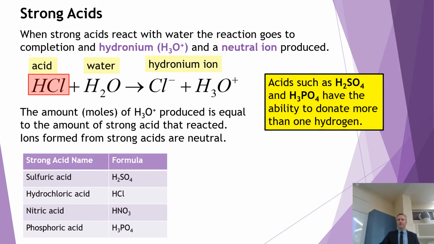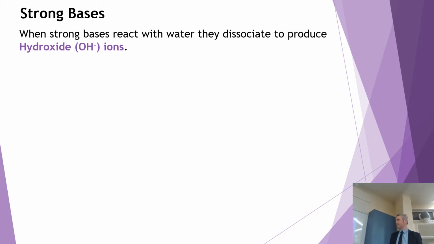It will donate a hydrogen to water, and then it will do a second step where HSO4- donates another hydrogen to water. Yes, we would write H2SO4 plus 2H2O gives us SO4 2- plus 2 of those. It would produce twice as much. Exactly.